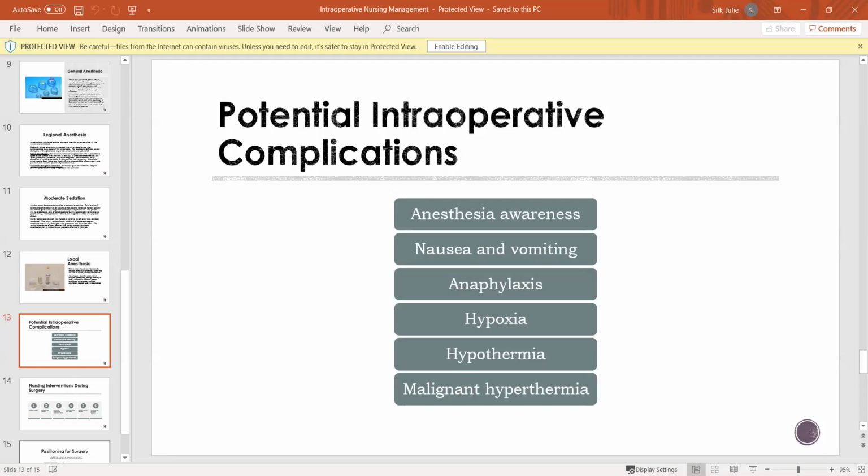You're going to see a rise in the temperature that increases 1 to 2 degrees Celsius every 5 minutes. So the core body temperature can exceed 107. Isn't that crazy? Your temperature is going to go up drastically every 5 minutes, and then it's going to be super high.